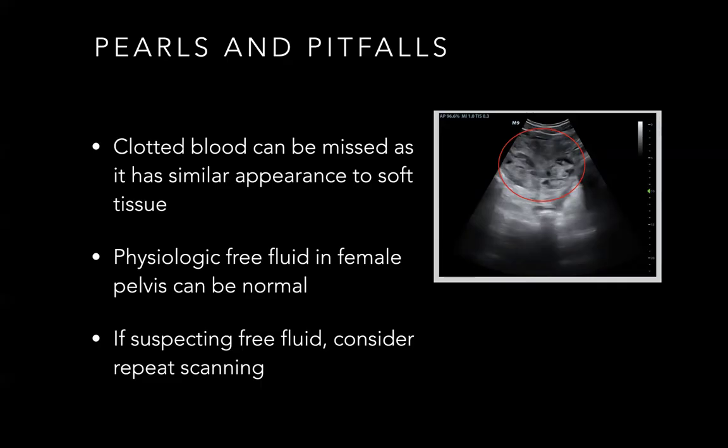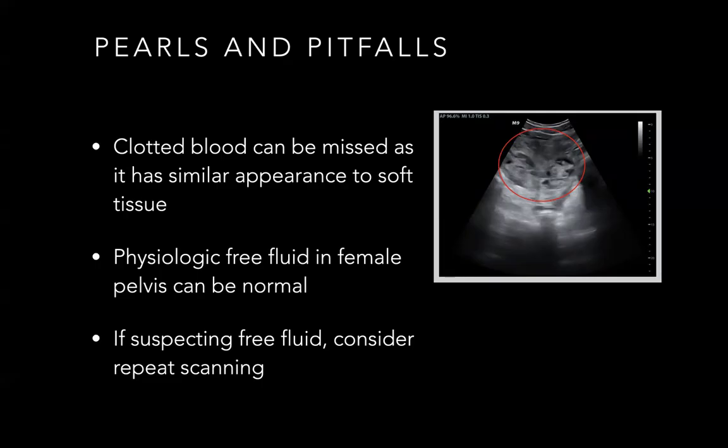Some physiologic free fluid in the female pelvis can be normal. So the amount of times when you do an order like a transabdominal and pelvic ultrasound, and they say that there's a small amount of physiologic free fluid. Well, in the female pelvis, a very tiny amount can be normal. And if you have high suspicion for free fluid, consider repeat scanning.